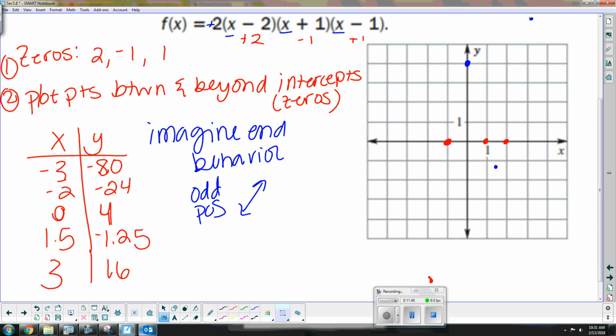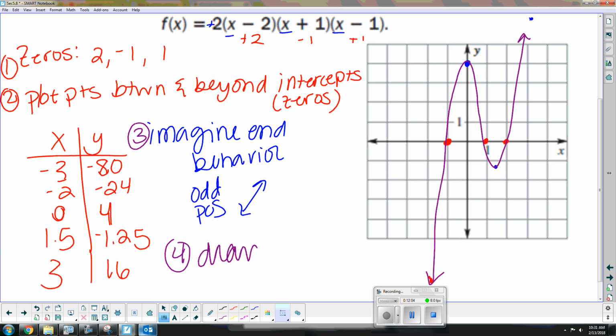So after I've determined what my end behavior should look like, I'm now actually going to draw my graph. And my end behavior resembles what I thought my graph should look like. So always double check using end behavior.